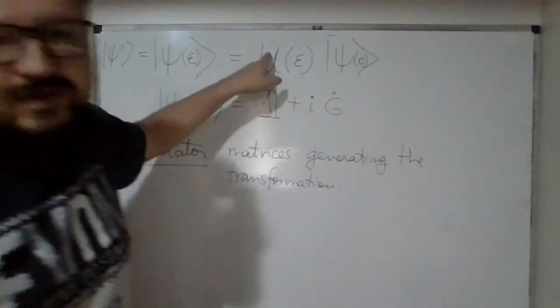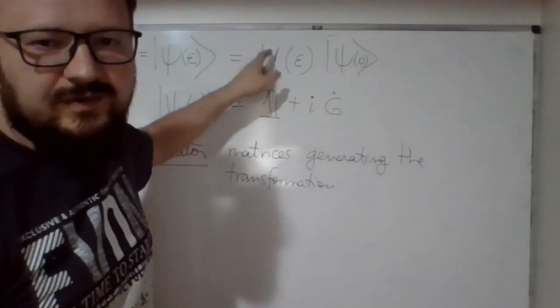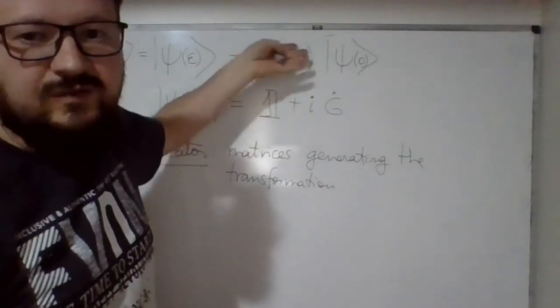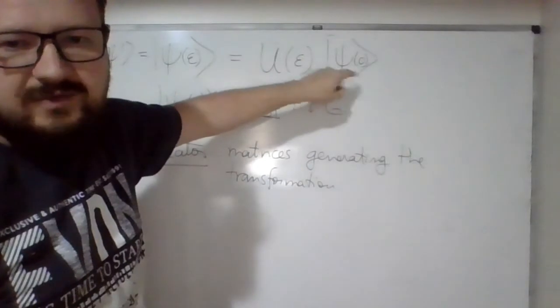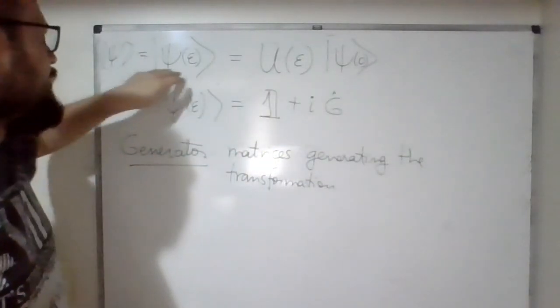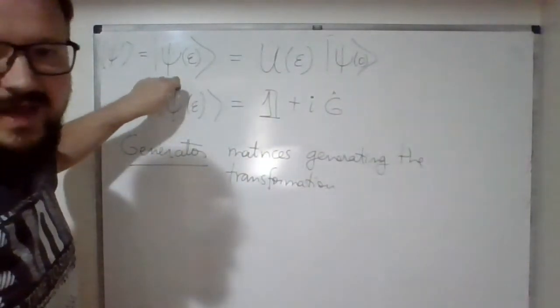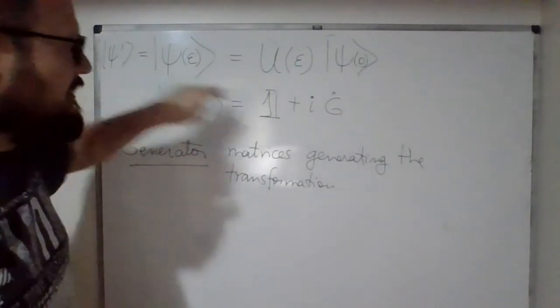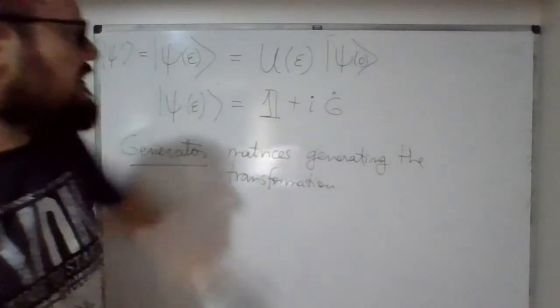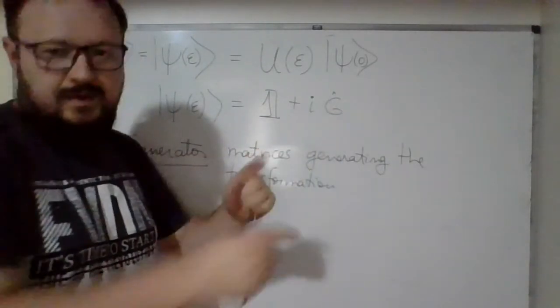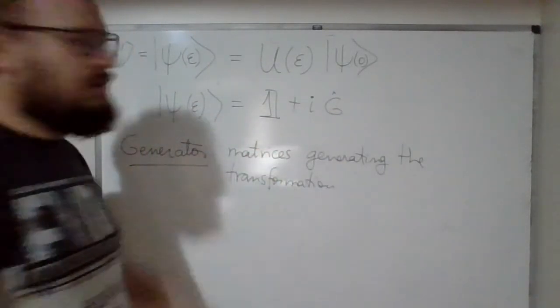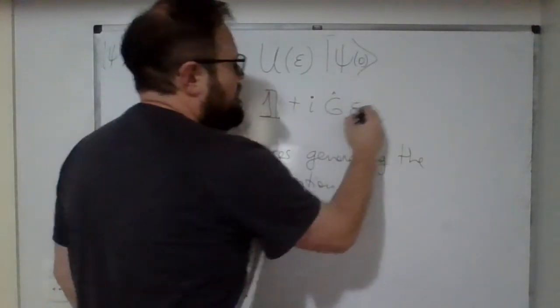So these unitary matrices produce some transformation in your vector, which is a complex vector in general, producing another vector in Hilbert space in the case of quantum mechanics, and these matrices, which produce the transformation, are called the generators of the transformation.